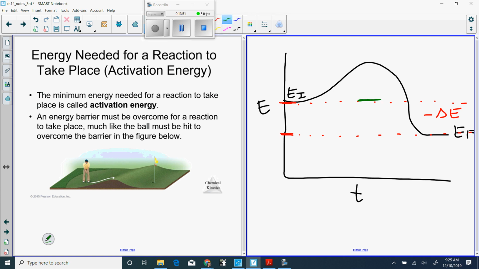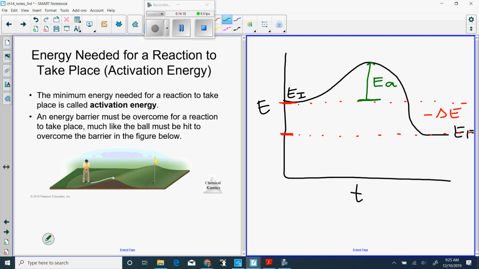This hump is called the energy of activation. That's our mini golf hump. When molecules collide, even if they're in the right orientation, if they don't have enough energy to get over that mini golf hump, no reaction.